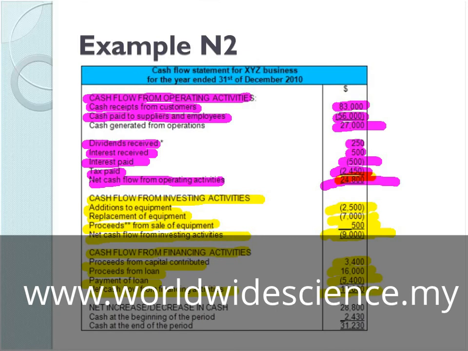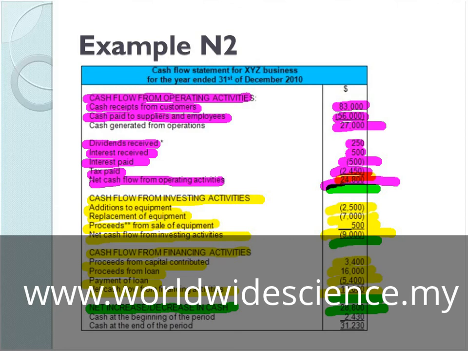And in the next one, we have a net increase or decrease in cash. Let's see. That means 24,800 plus 9,000, which is negative, plus 13,000 gives us the net cash, which is the total cash, 28,800.